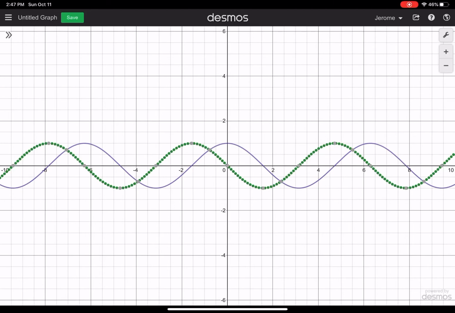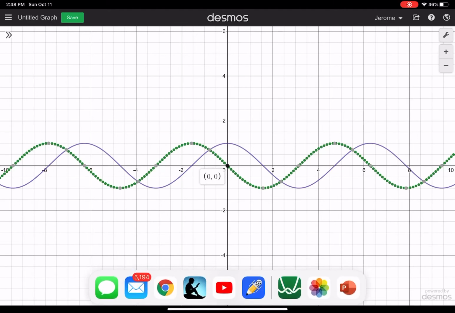It almost looks like sine, but it looks like it's flipped over, because sine, remember, has a +1 slope right there at the origin. This one has a -1 slope here. It's the negative of sine for the derivative of cosine.